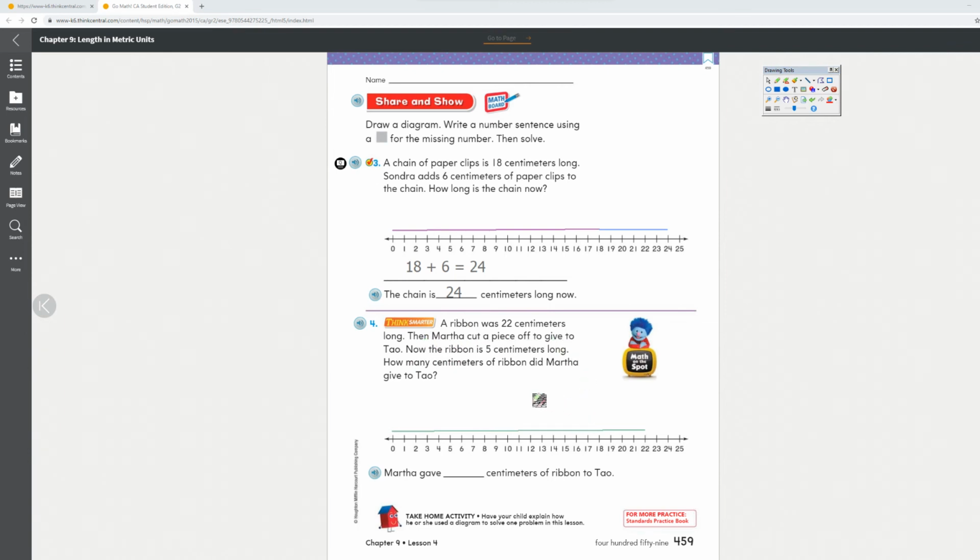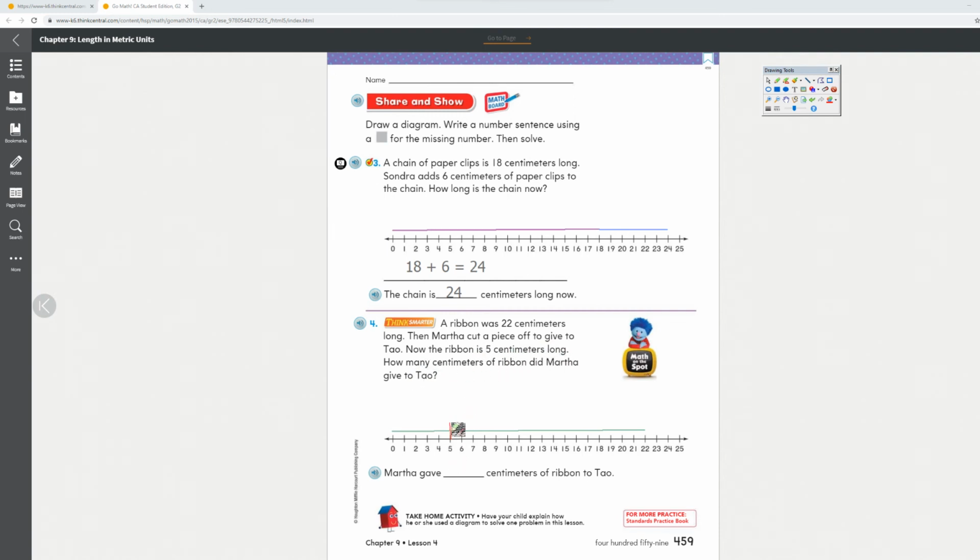Ooh, they threw a little curveball at us. They didn't tell us how much she cut. They're telling us how much is left. So after Martha cut a piece off, she was left with 5. So here is what she's left with. 5. So how much did she cut off in order to give to Tao?